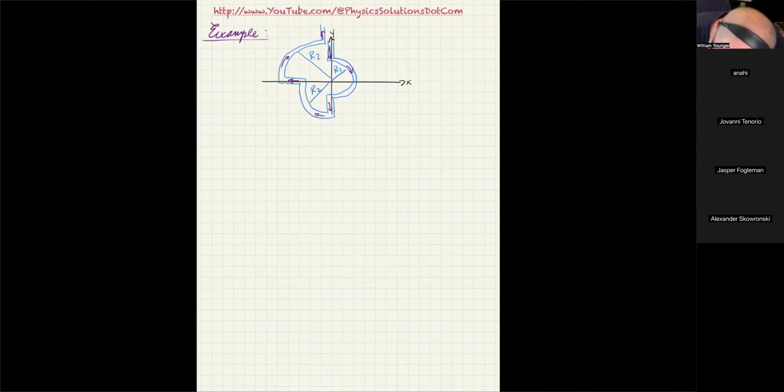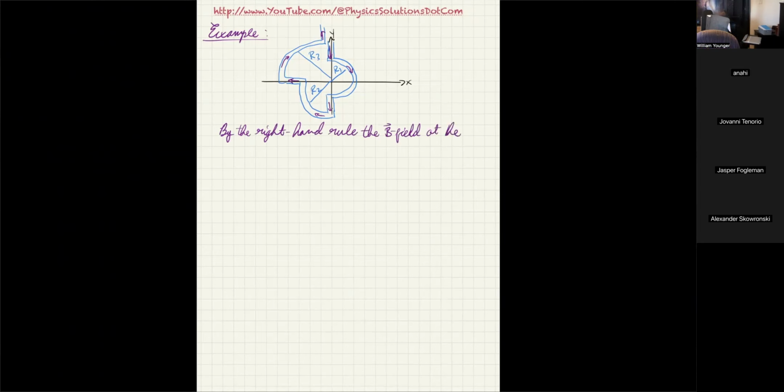Now, by the right-hand rule, the magnetic field at the origin due to, I'm going to call this part 1, part 2, part 3, part 4, part 5, part 6, and I forgot one, so I'm going to call that part 0.